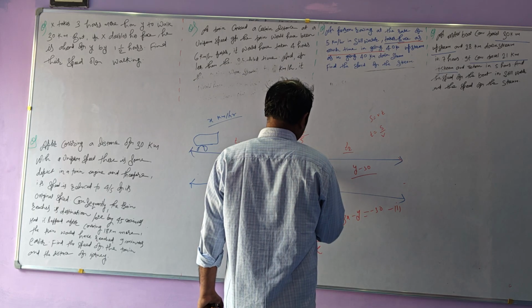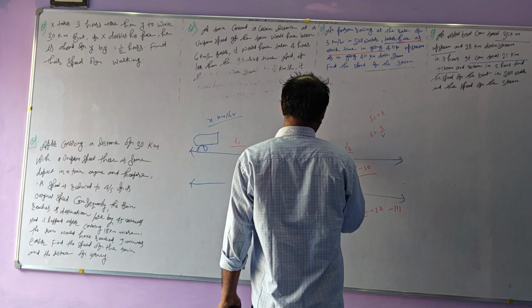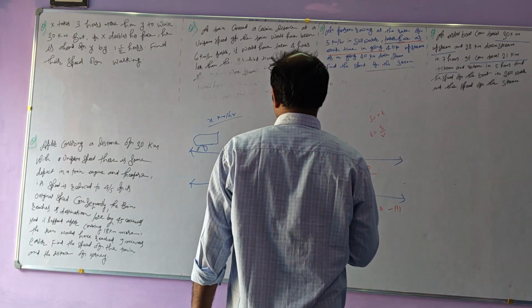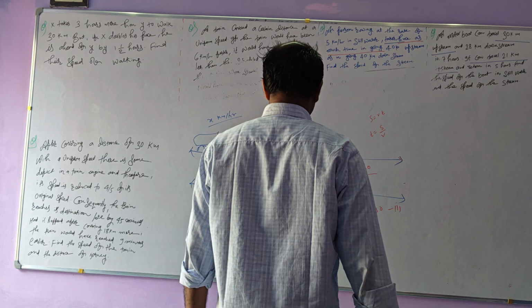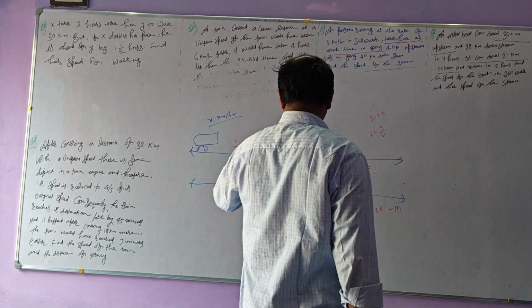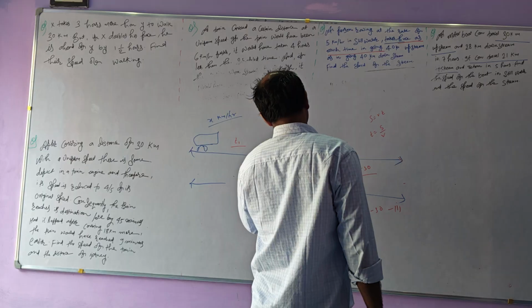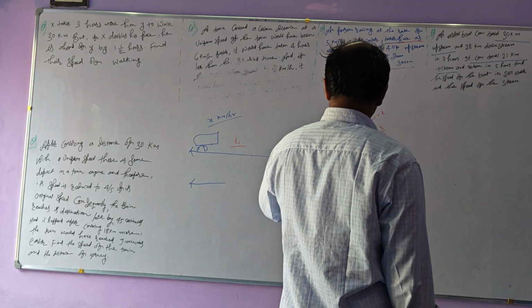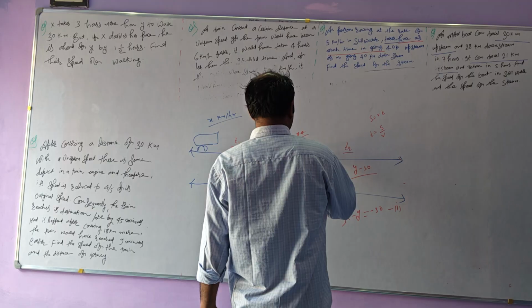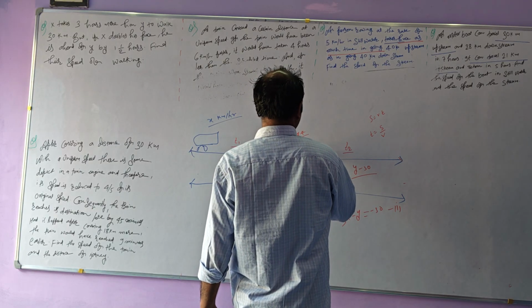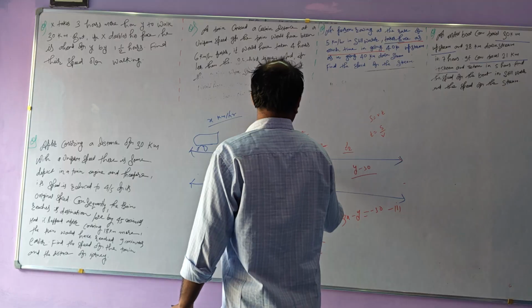This is 18 kilometers more, so 48 kilometers, that is more than 30 kilometers by 18 kilometers.